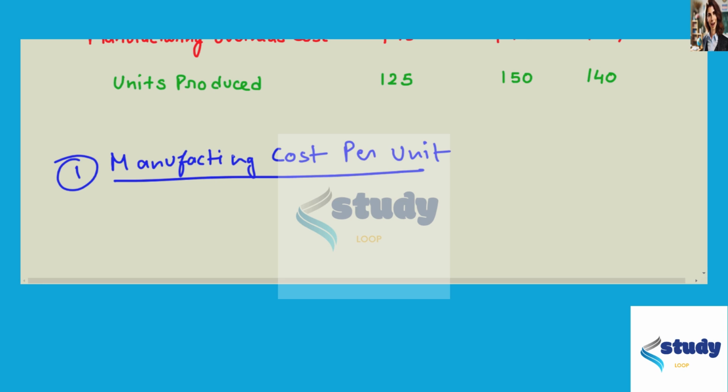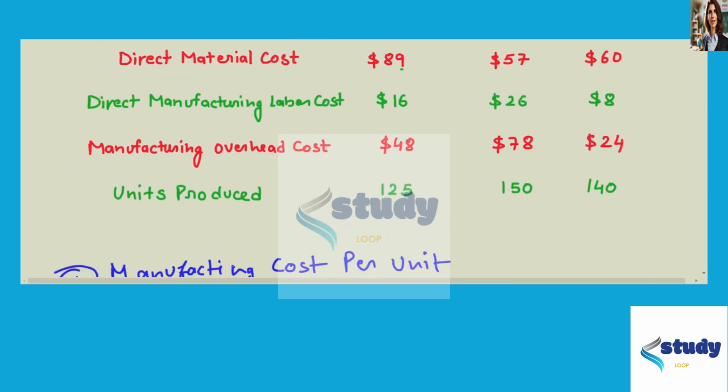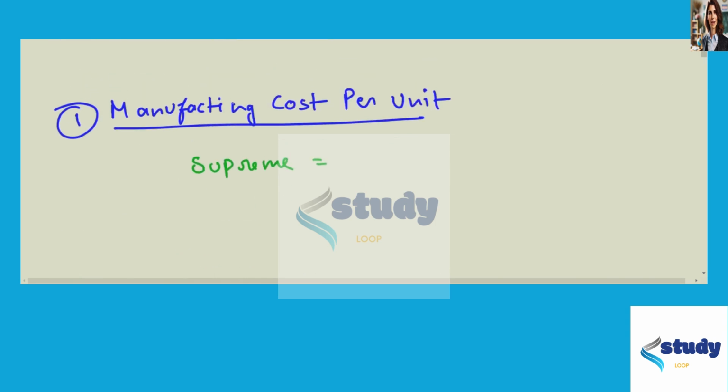So firstly is Supreme. For this, total manufacturing cost is $89 plus $16 plus $48, which is given over here. 89, 16, 48 totals up to $153.